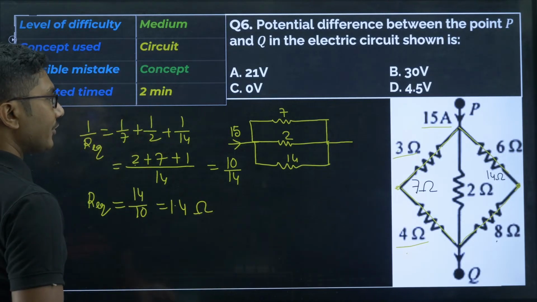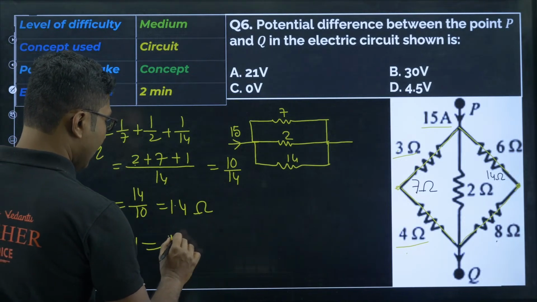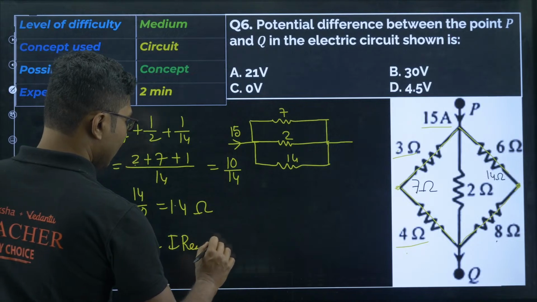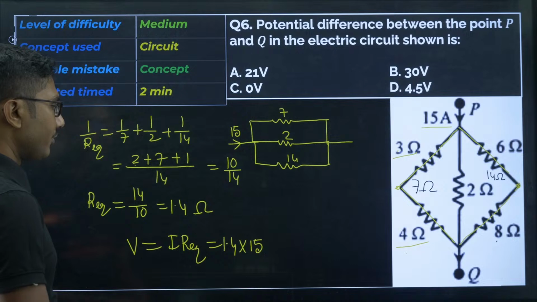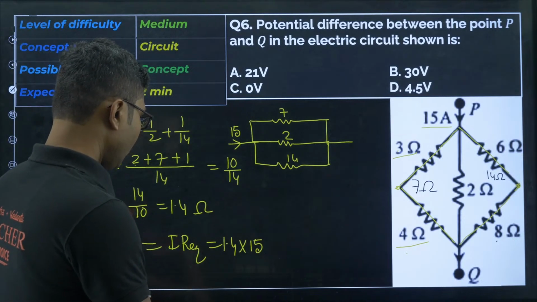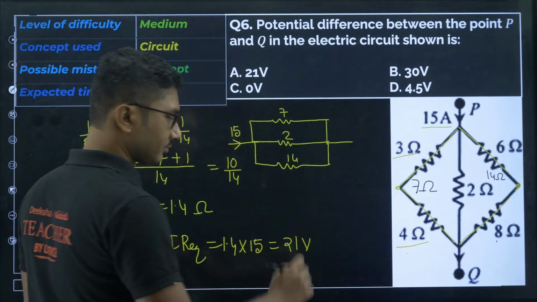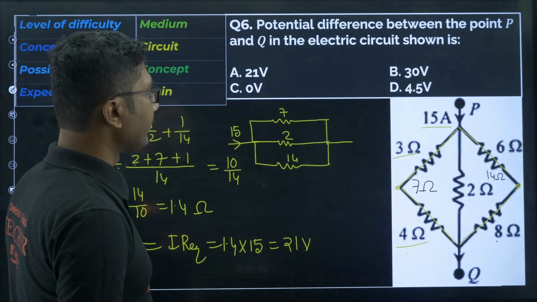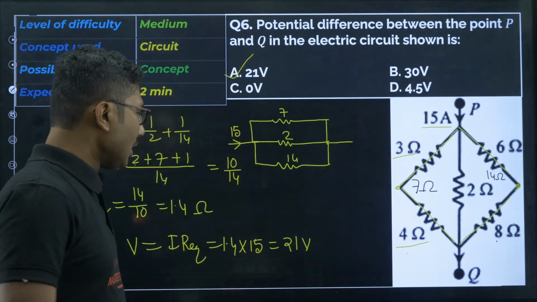So if this is the R equivalent, what is the voltage drop? Voltage drop is equal to I into R equivalent, that is 1.4 into 15. So it will be 15 plus 6, that will be 21 volt. And how did I calculate this without using a calculator?